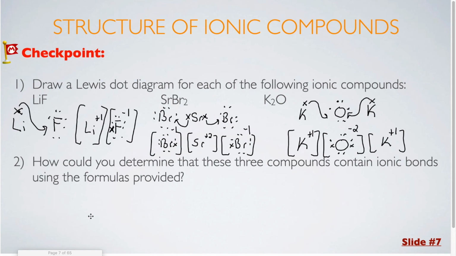For our next question, we are asked how you could determine that these three compounds contain ionic bonds by using the formulas. That's just this part here. Now, we had mentioned earlier that in an ionic bond, you are going to have metals and nonmetals, or at the very least, high electronegativity and low electronegativity numbers. So the best answer here, we could say that we are going to have a combination of metals and nonmetals bonded together.